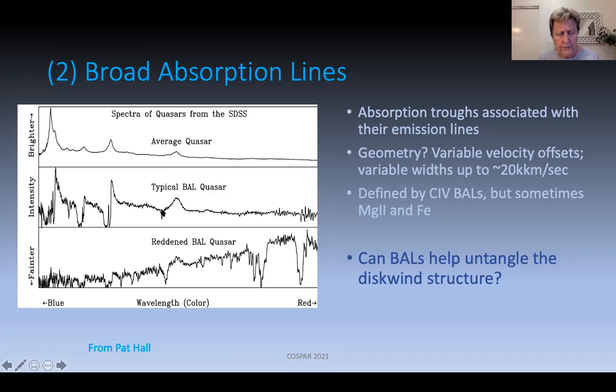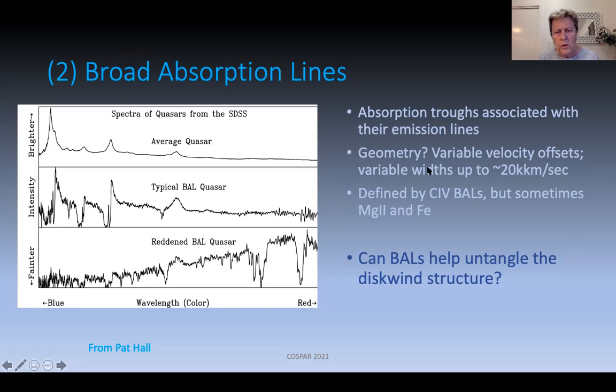And there's a little bit of absorption, in this case blueward of the carbon-3 as well. And the lower example here shows that in some cases, these BAL quasars are indeed very reddened, which is not surprising if indeed we're seeing the quasar through an absorbing column.